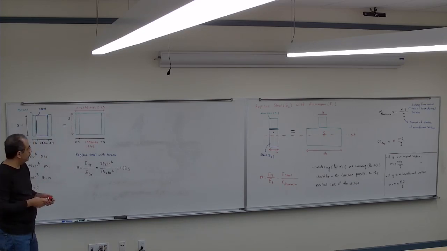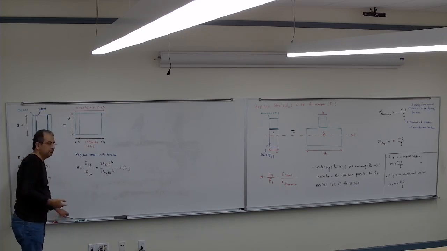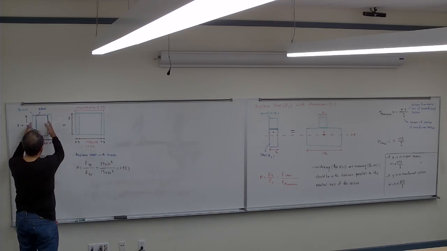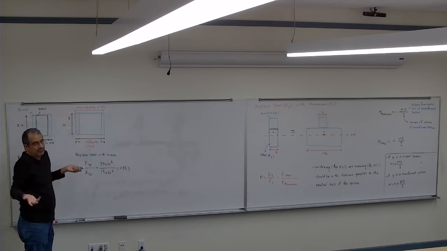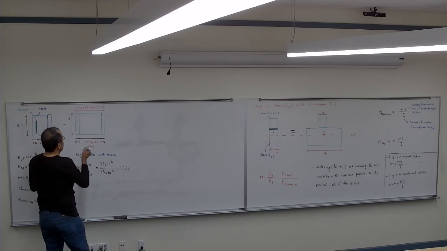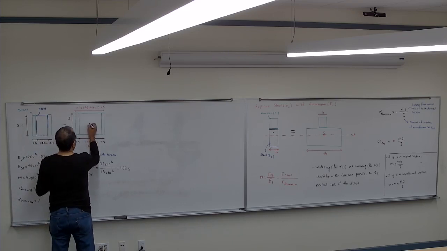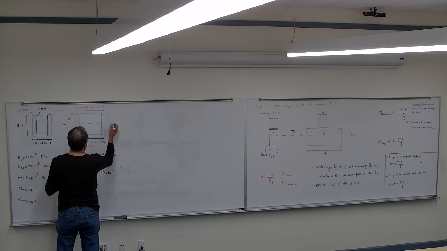Now the centroid for this new section is very specific because it's a rectangle. The rectangle's centroid is going to be right in the center, so that's going to be the neutral axis there.